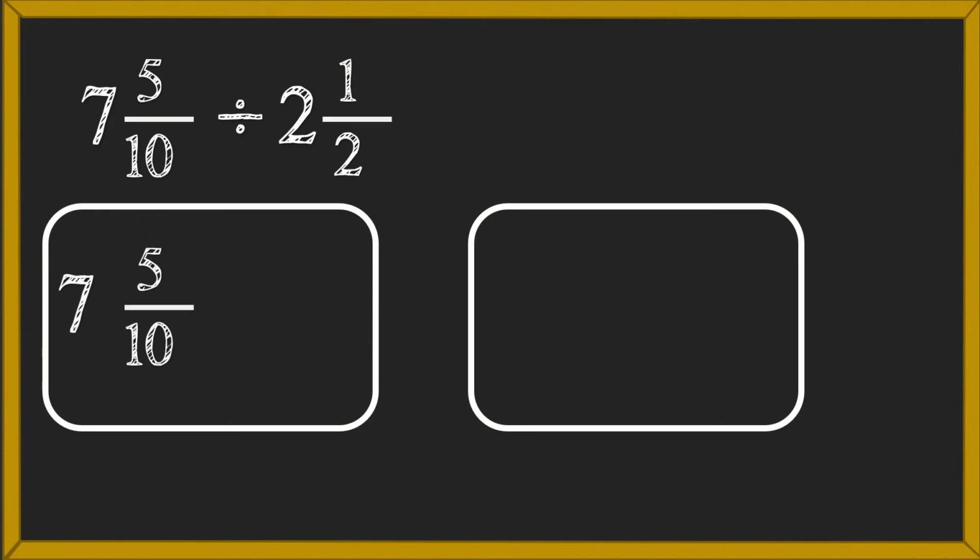To do that, we need to multiply the denominator to the whole number. 10 times 7. That is equal to 70. And then add the product to the numerator. 70 plus 5 is equal to 75. And then copy the denominator. And do that again to the divisor.